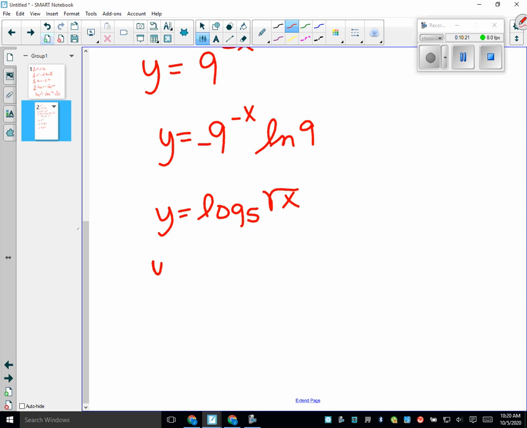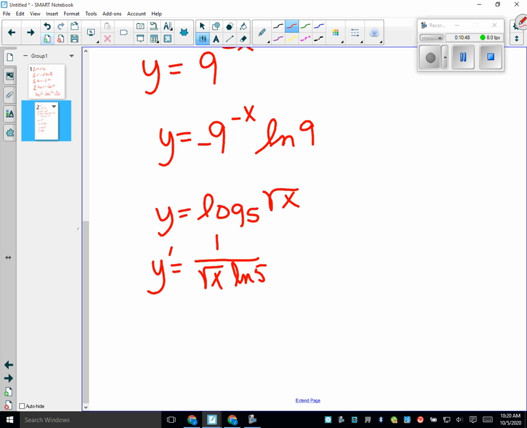What is y prime? It's 1 over x. What's the u? It's going to be 1/2 x.